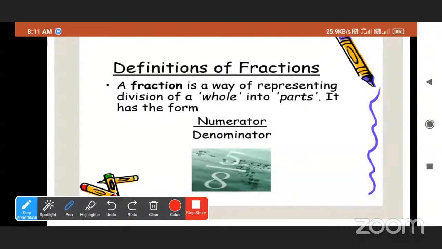So which part is known as numerator? See, the colored part is numerator. Okay, the upper part or colored part is numerator and the total number of parts is called the denominator. So here 5 is numerator and 8 is denominator. Very good.